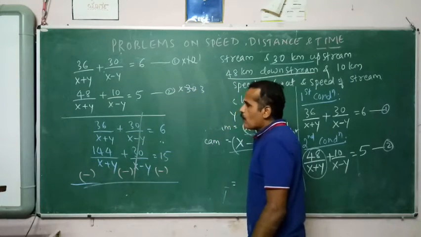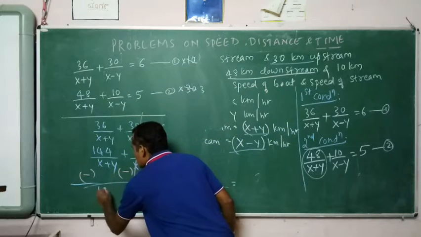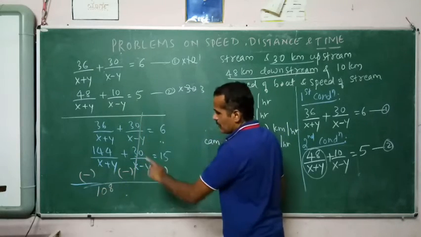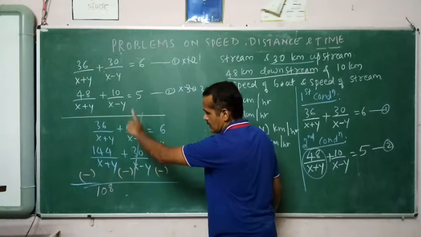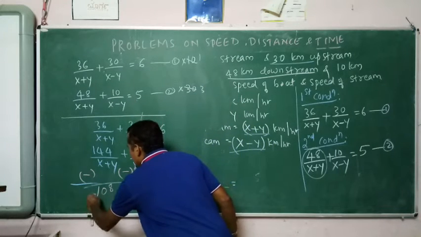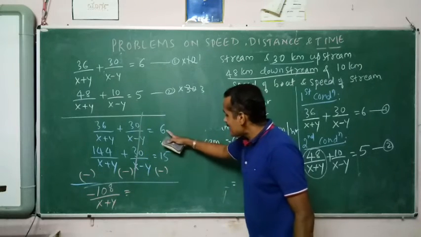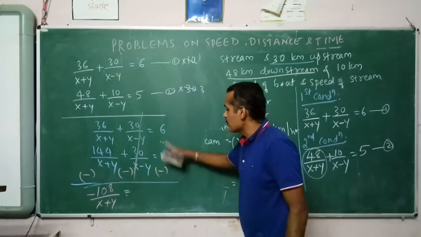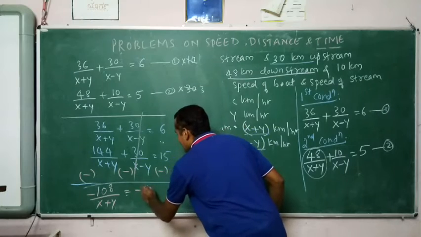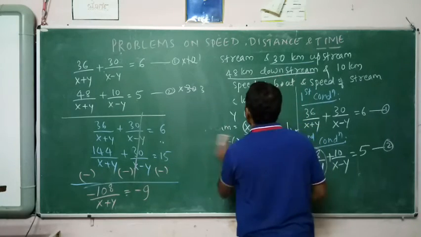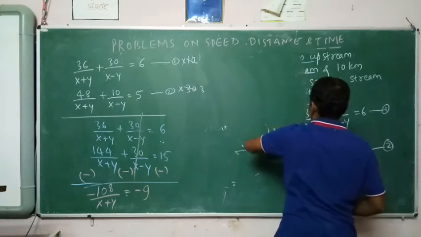36 times 3 gives you 108. Am I right? 108 minus 144 divided by x plus y is equal to 6 minus 15. 15 minus 6 gives you minus 9.